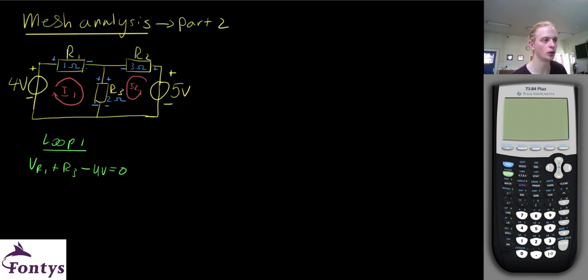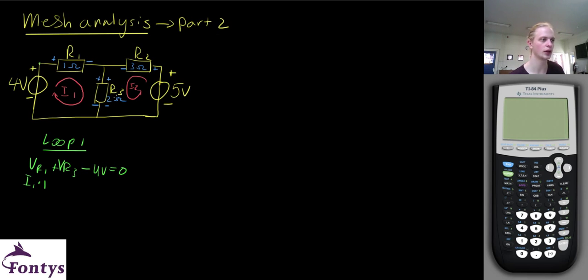Now we're going to apply Ohm's law to calculate the voltages. For R1, that's very easy since it's just the current times the resistance. So it's I1, which is the only current flowing through, times the resistance, which in this case is 1 ohm, so times 1.